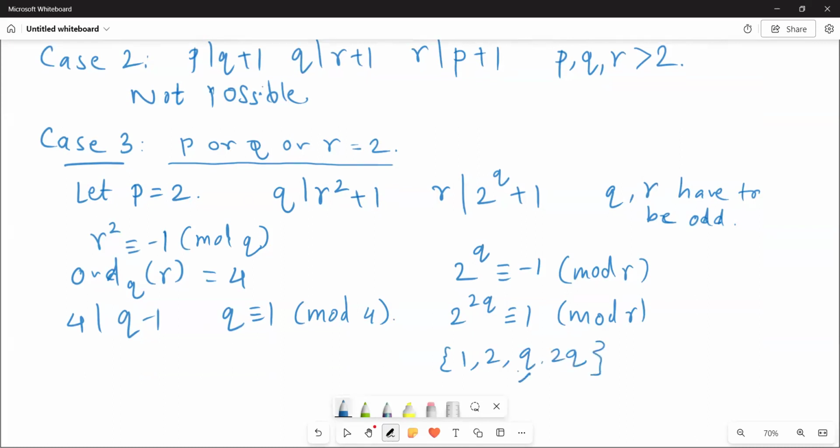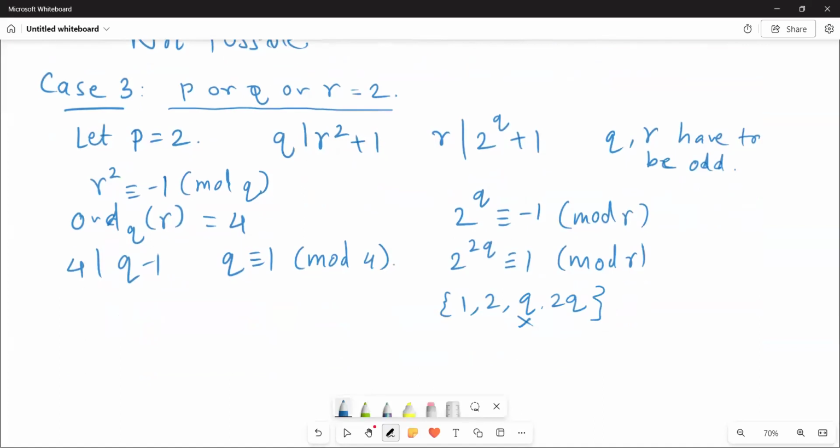It's clearly not q because r is not equal to 2. It can't be 1 also. It can be 2, right? If it is equal to 2, then 2 square is congruent to 1 mod r, and that means r is 3. So r is 3, or the order is equal to 2q.